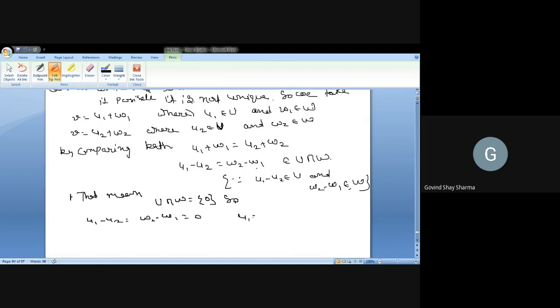So u1 equals u2 and w1 equals w2. That means the sum is unique.